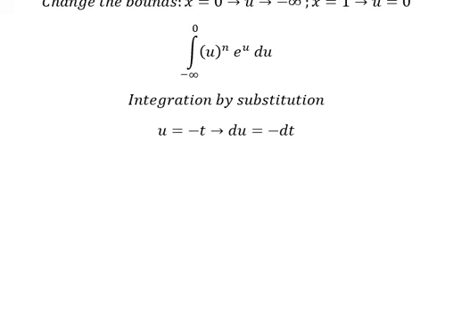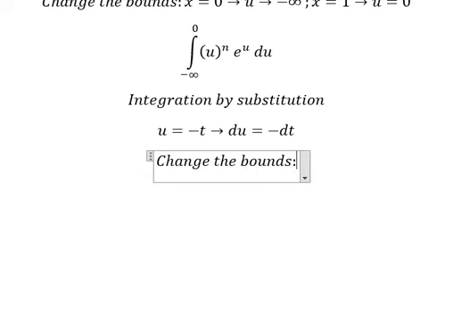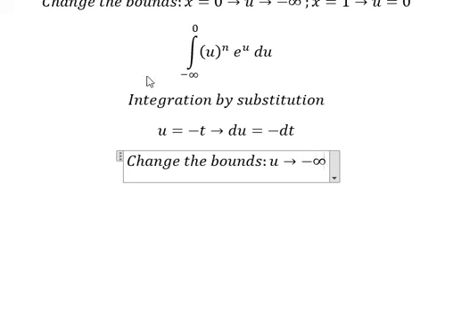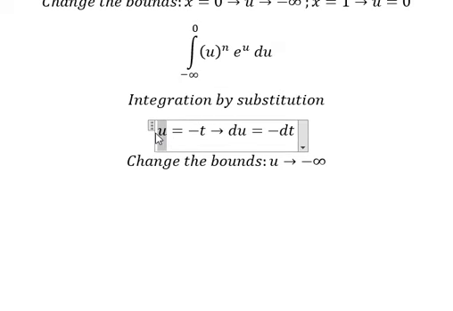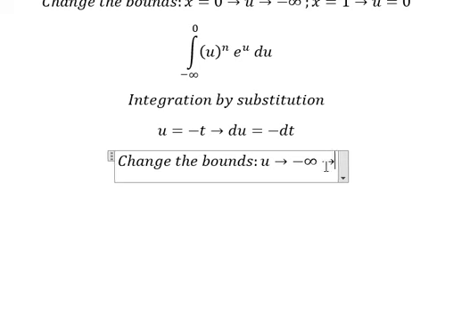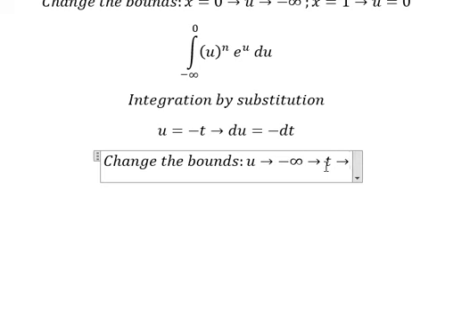Now we need to change the bounds. When u approaches negative infinity, we put negative infinity in here, and we have negative and negative. We simplify, so t approaches positive infinity.